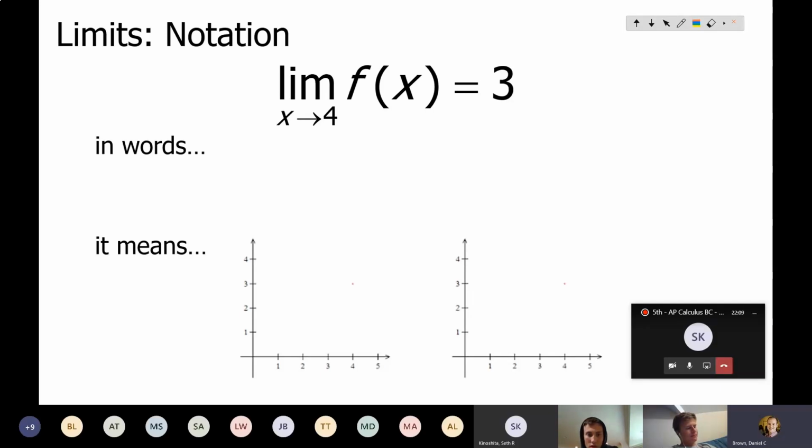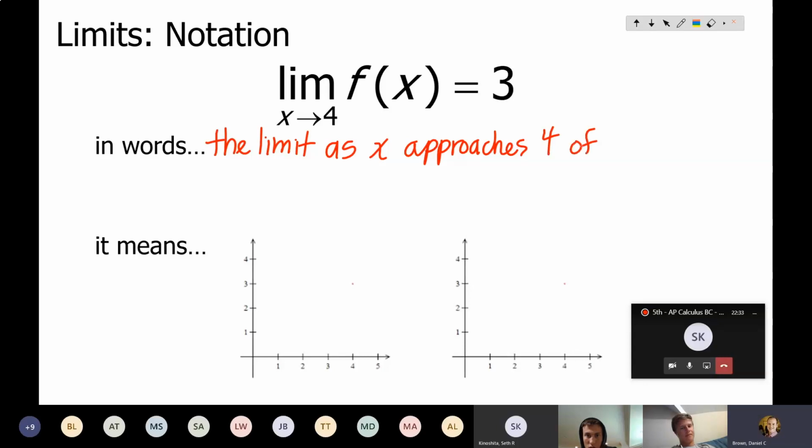If I want to change that symbol into a sentence, basically when I see that, what's typed up on the screen, I read that as the limit as X approaches 4 of f of X is 3.